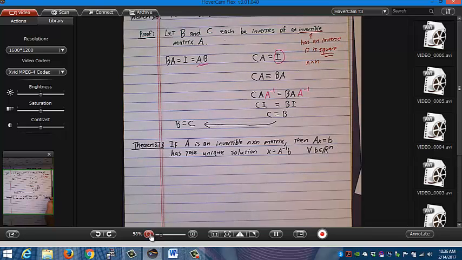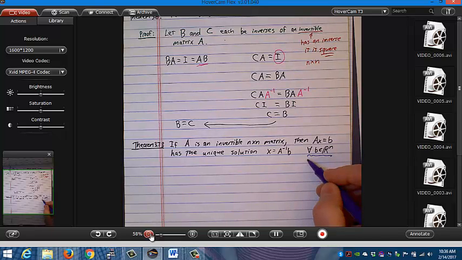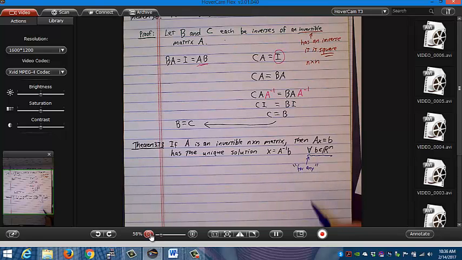Now, I'm not sure that they wrote it the same way I did in the book. This is my notation, but I am trying to get you guys used to math notation here. So when I write that, can you translate that? The upside down A translates into for any or for all. And when I say B is in Rn, what I really mean is B is n rows, one column, so it's a column matrix.